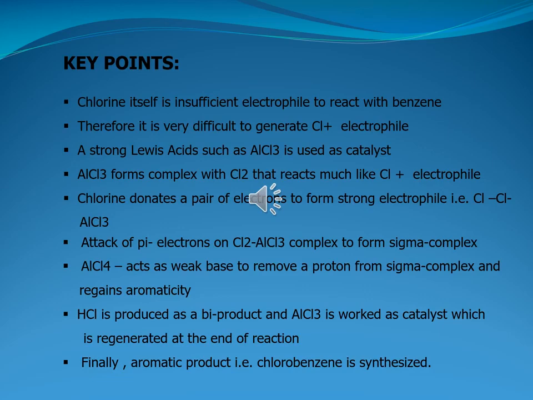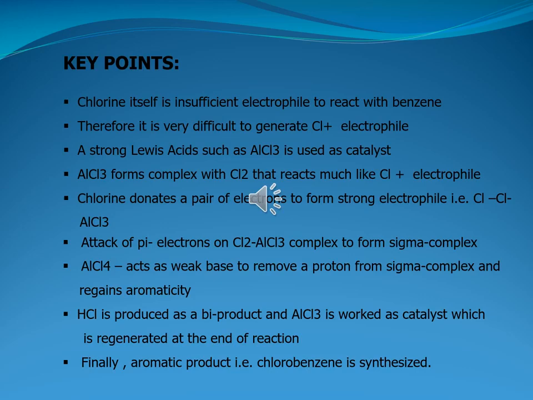Chlorine donates a pair of electrons to form a strong electrophile in the form of the chlorine electrophile. Attack of pi electrons on the chlorine aluminum trichloride complex forms a sigma complex, that is our first intermediate.